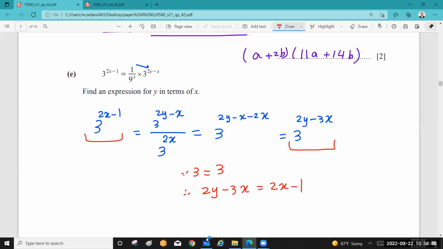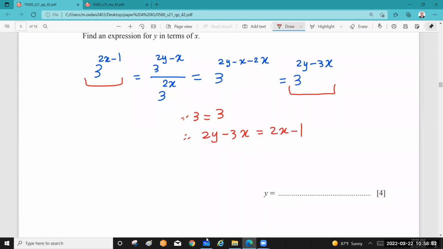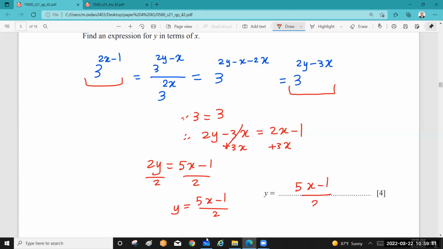I want to express y in terms of x, just make y the subject, by adding 3x to each side. Okay? By adding 3x. So 2y now is 5x minus 1, over 2, over 2. So y equals (5x minus 1) over 2. That's it. Very easy, very simple. Okay.